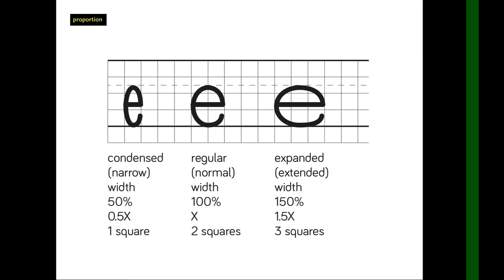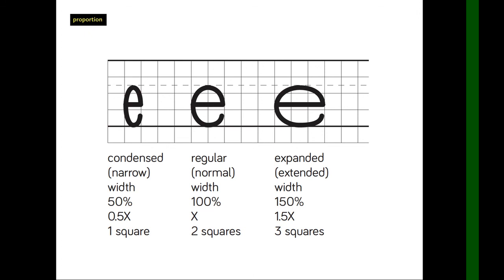So the regular width that we worked on last week in most lowercase letters is 2 squares. Condensed is half of that width. Expanded is 150% of that width. So to go from the regular 2 squares wide to the condensed would be 1 square wide.